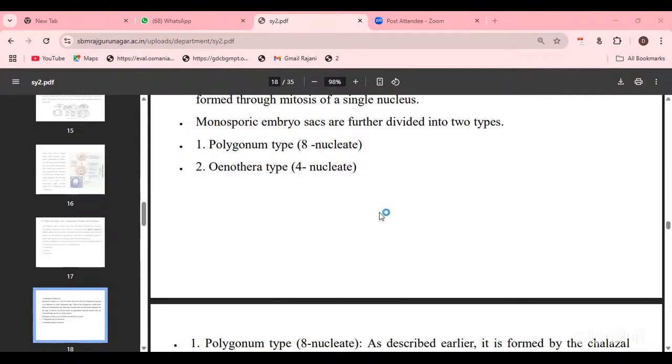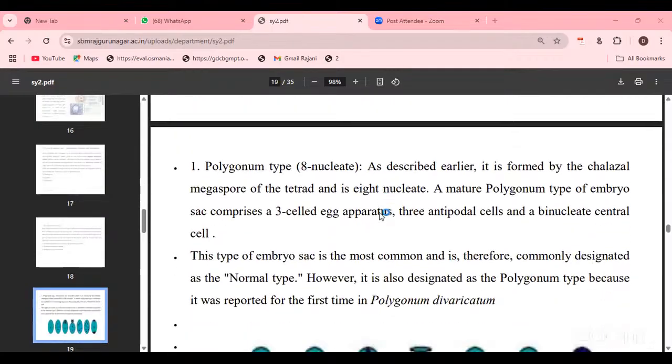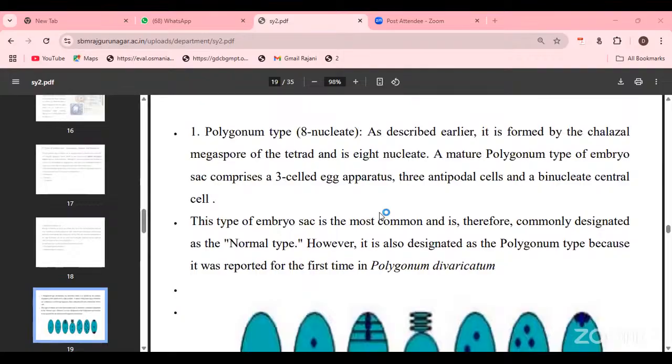Next one is the polygonum or 8-nucleate type, as described earlier. It is formed by the chalazal megaspore of the tetrad and is 8-nucleate.